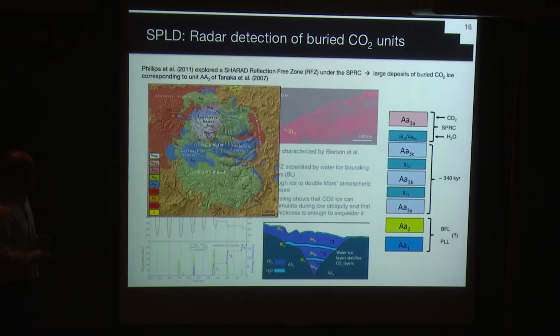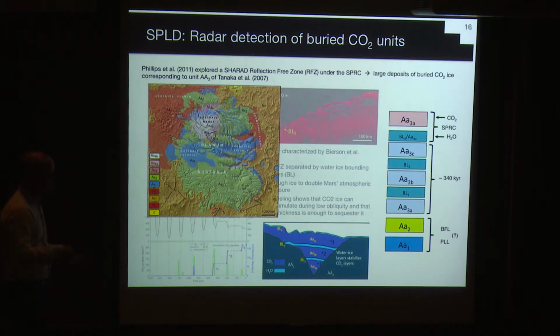So with this, we can now get kind of an up-to-date picture of the gross SPLD stratigraphy. And so this is Tanaka's geologic map. Again, we're looking at these units here, and so we have AA1 and AA2, and that roughly corresponds to the BFL and the PLL. Now, I'm just totally speculating here.